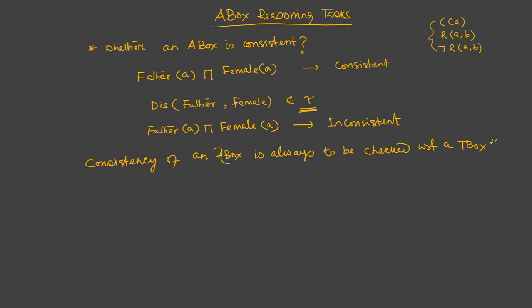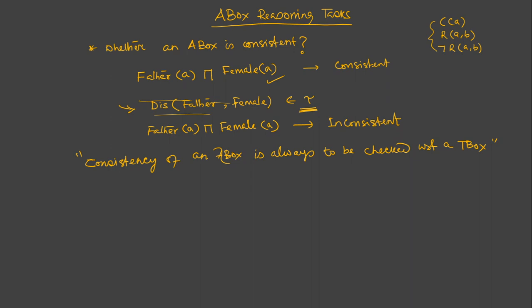This is one thing we need to always consider. You see that if we do not have any T box, then this is perfectly consistent. But as we have introduced a T box with an axiom like father and female being disjoint, then this same thing has become inconsistent, right?